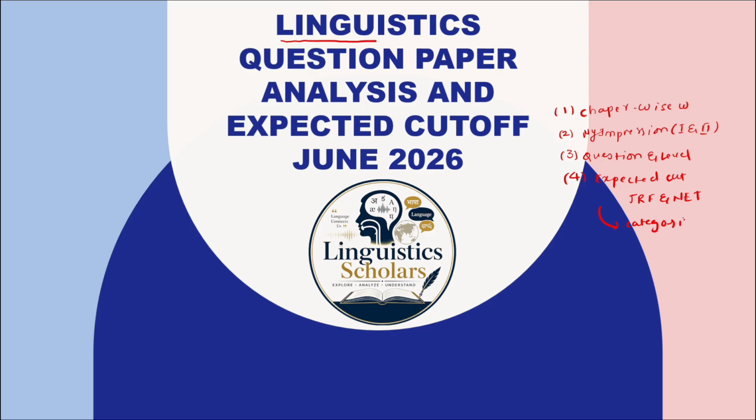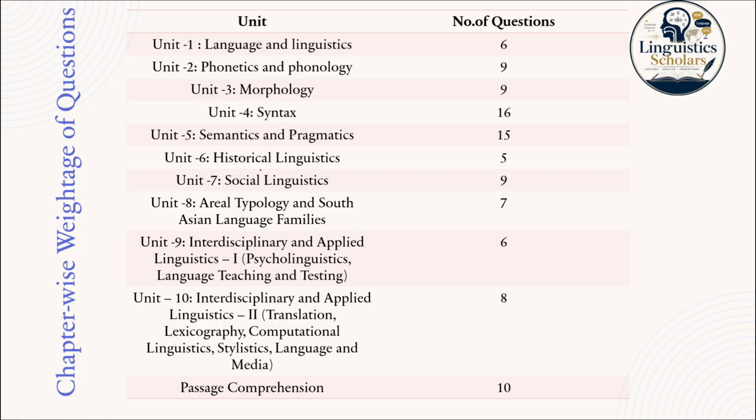Okay, so now we'll first start with the chapter-wise weightage of the questions that they asked in the June 2026 examination. We all know that there are 10 units, and there are 10 questions from the passage comprehension, right?